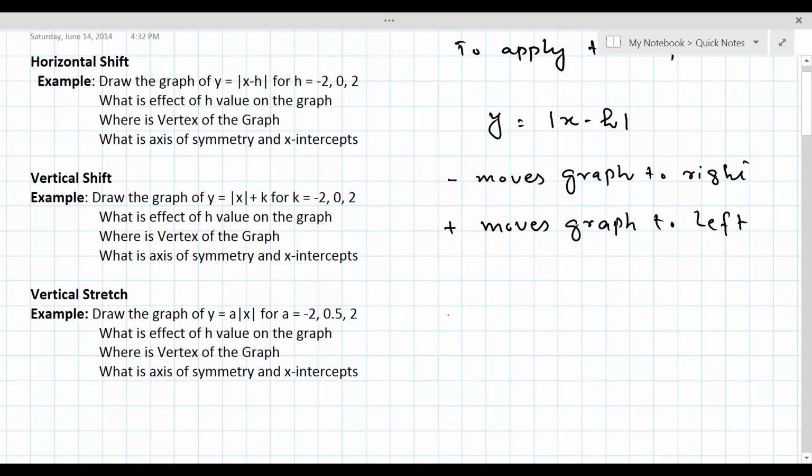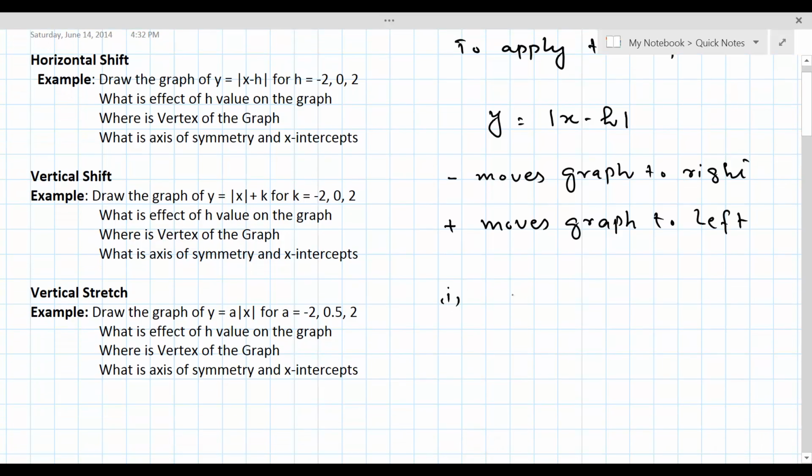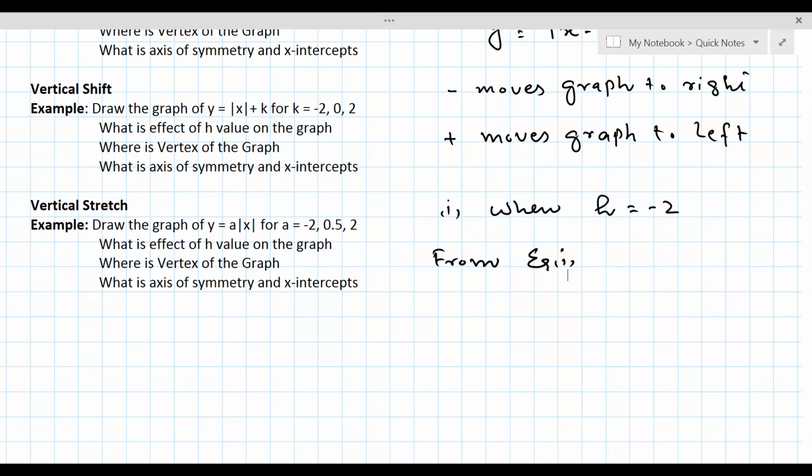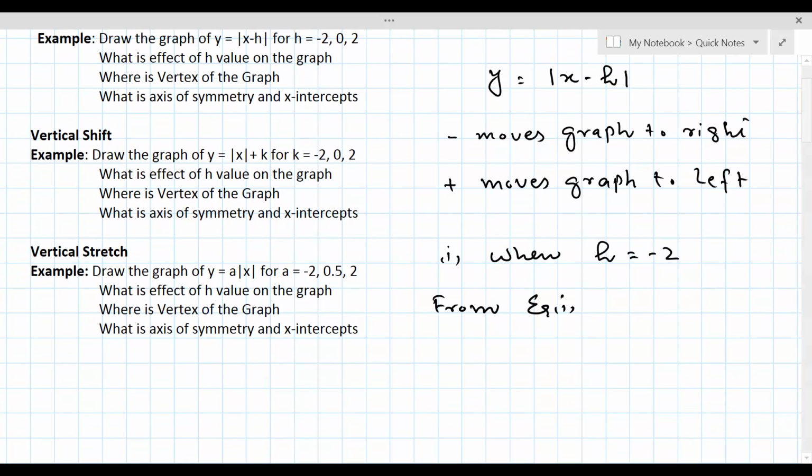So for the first case, when h is equal to minus 2, from equation 1, what will be the equation of transformation?